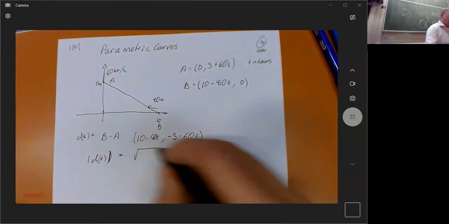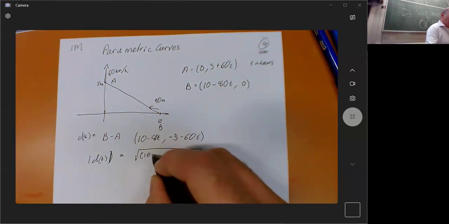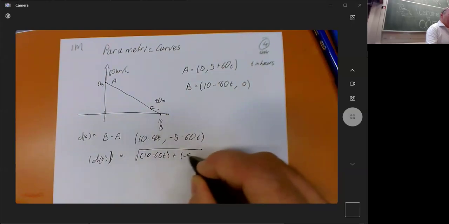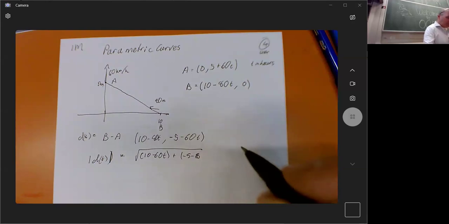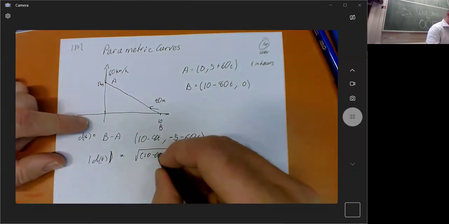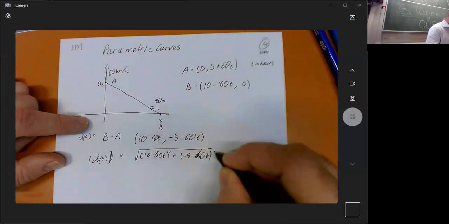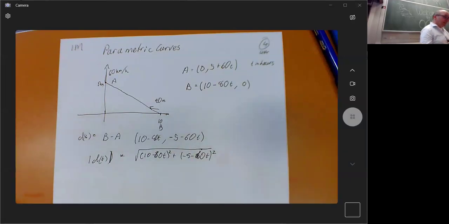That should be the square root of 10 minus 80t, all squared, plus minus 5 minus 60t, all squared. I got it right that time and forgot my squared. Okay, so that's my actual function. I don't really want to expand that out.